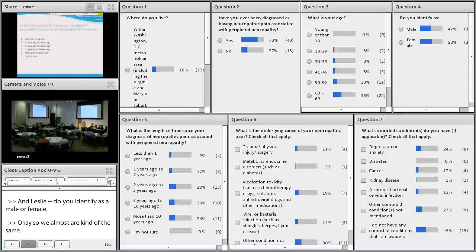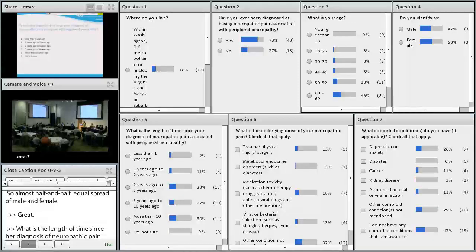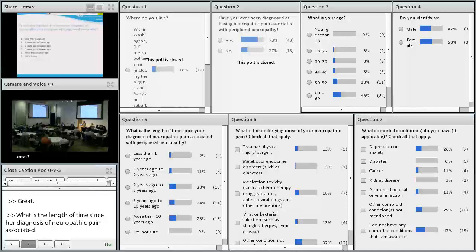What is the length of time since your diagnosis of neuropathic pain associated with peripheral neuropathy? So A, less than a year ago. B, 1 to 2 years ago. C, 2 to 5 years ago. D, 5 to 10 years ago. E, more than 10 years ago. Or F, I'm not sure.